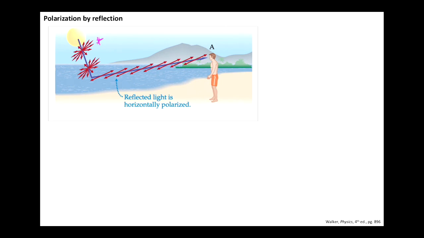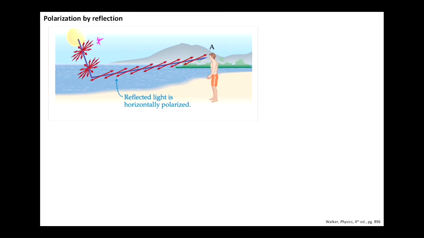One way to think about this, and this was in your textbook, and I thought it was a particularly helpful example, is just to imagine this unpolarized light with all of these arrows pointing different directions coming down on the surface. Anything that has a vertical component or even has a partial vertical component that's pointing into the water gets stuck. Right? So arrows that are pointing down try to hit the water and they don't bounce off.